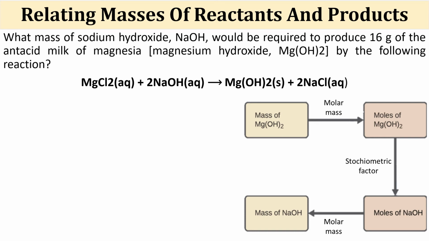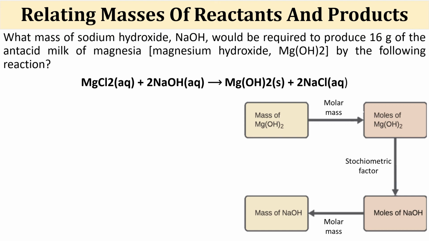So we know that 16 grams of magnesium hydroxide is given. We're going to times it with the molar mass, which is 1 mole of magnesium hydroxide over 58.3 grams of magnesium hydroxide. Then times the stoichiometric factor given in the question, which is 2:1.